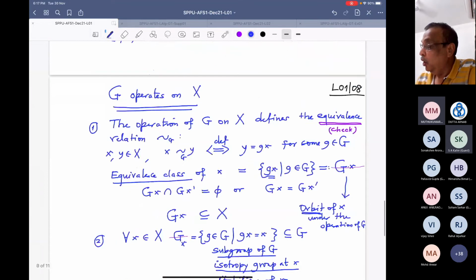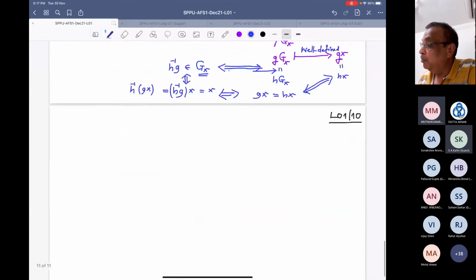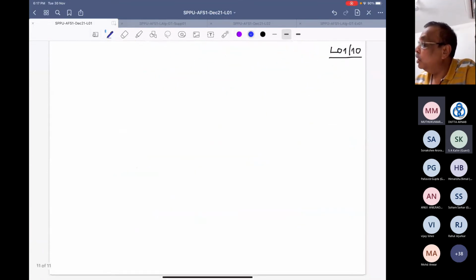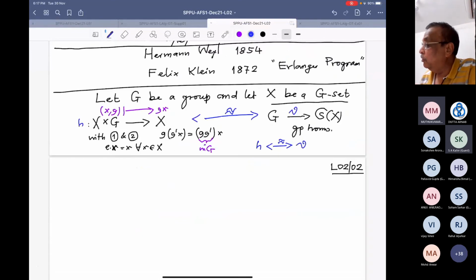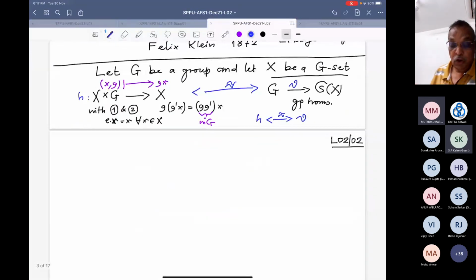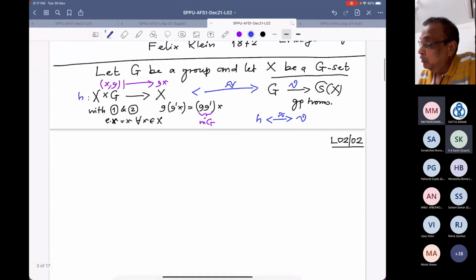All right. Now, before I give more examples, I should build up some vocabulary. Otherwise we are not reaching anywhere. Given a group and a G-set, we have defined two things. One is the orbit of X. Right now G is fixed, so I will not bother too much about the notation.